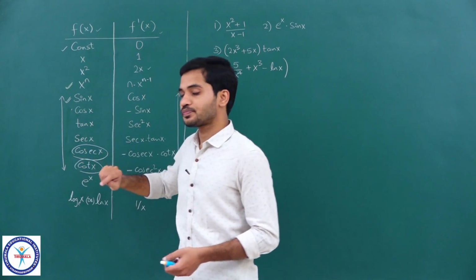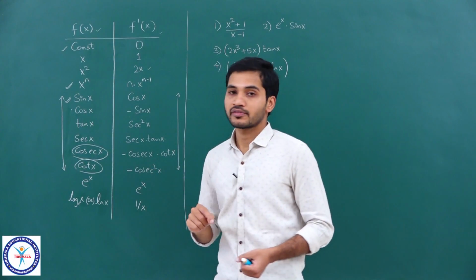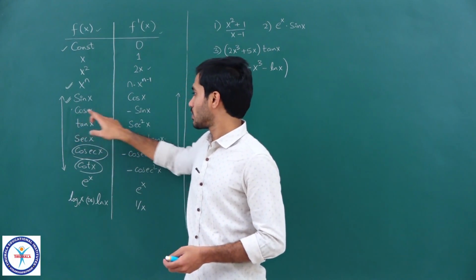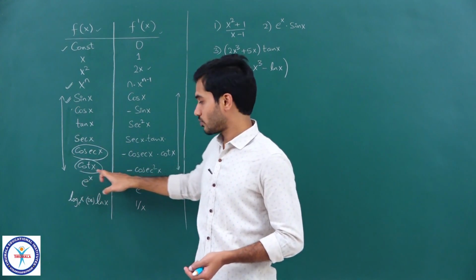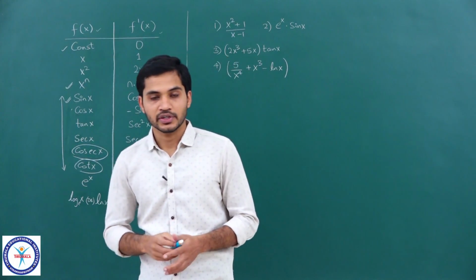So, all those 3 which are starting with c will have a negative sign for their derivative. So, you can keep in mind like that, you will not get confused, clear. Cos will have negative derivative, cosecant will have a negative derivative and cot will have negative derivative. All the remaining 3 will have positive derivatives, clear.